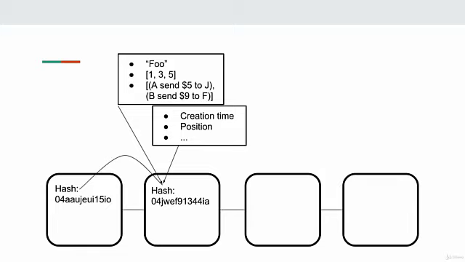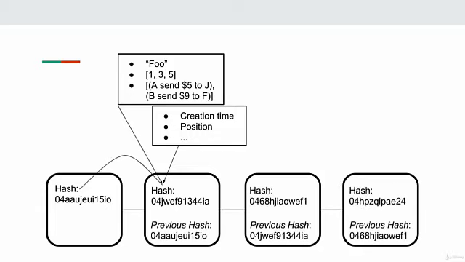In addition, the block itself will now have a reference to the last block's hash value as part of its public data. Links from block to block are created because each new block makes a reference to the last block's value. This reference to the last block's value links the last block to the new one. And as more blocks are created, eventually we have this chain of blocks, creating the blockchain.